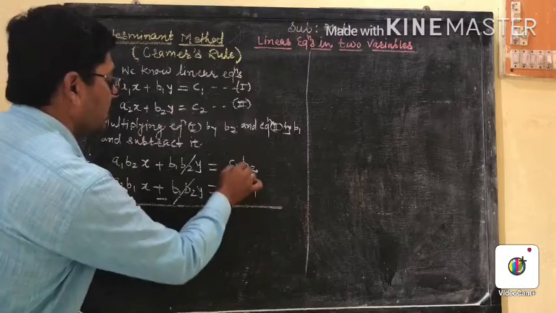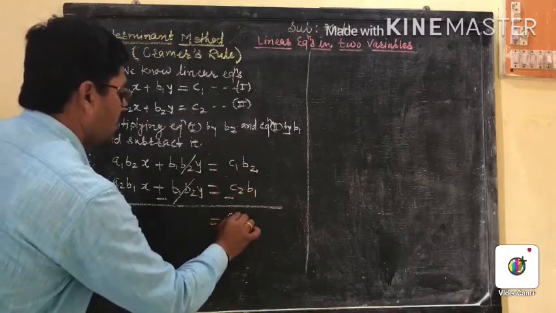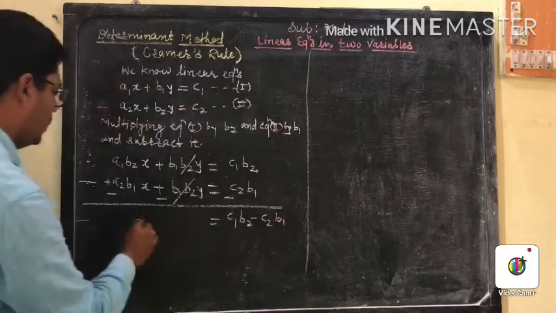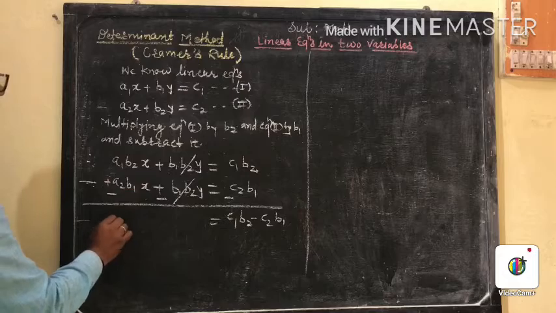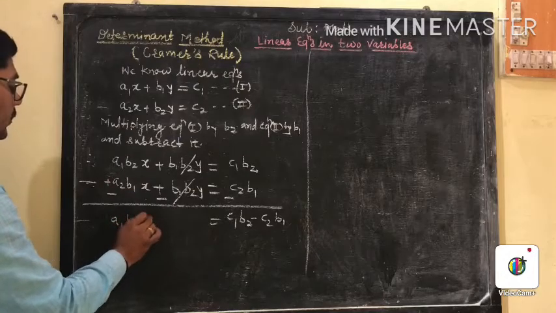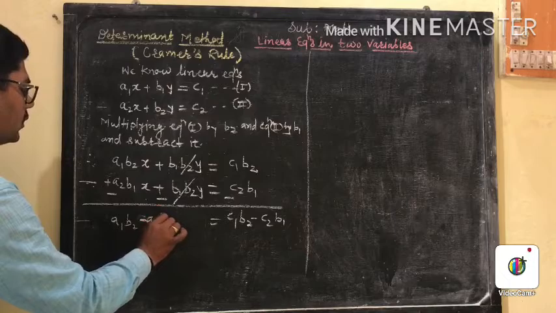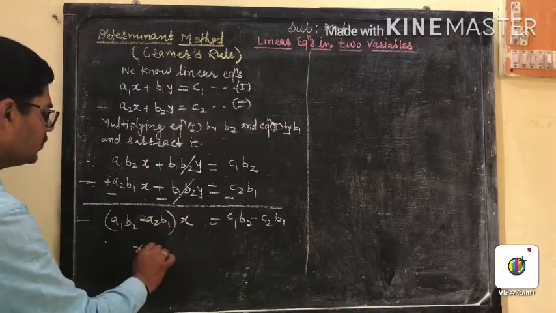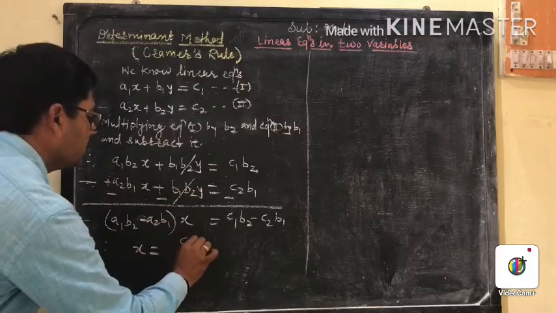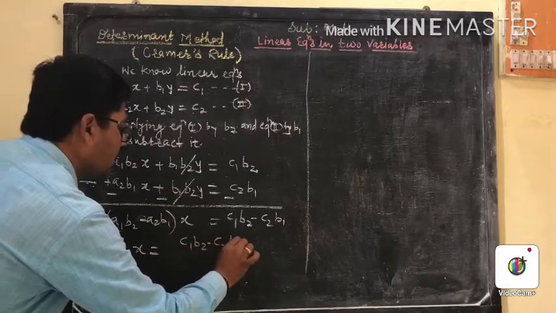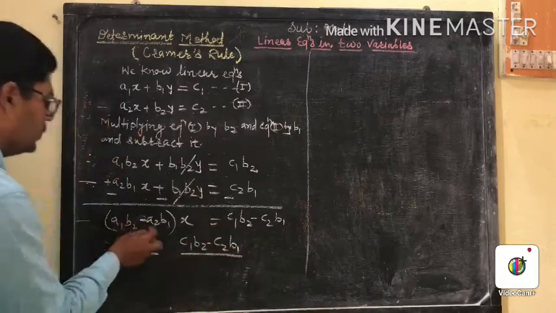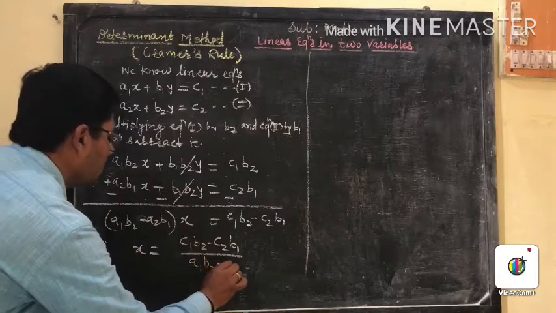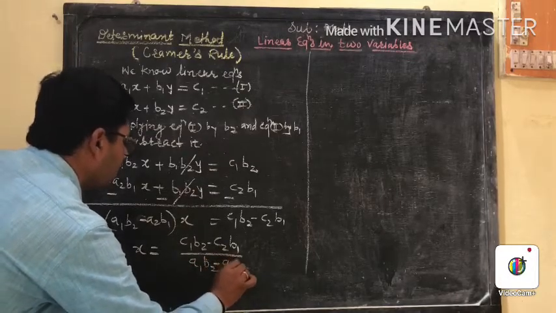Now here is c1 b2 minus c2 b1, and the coefficient of x is a1 b2 minus a2 b1. So the value of x is equal to c1 b2 minus c2 b1 divided by a1 b2 minus a2 b1.